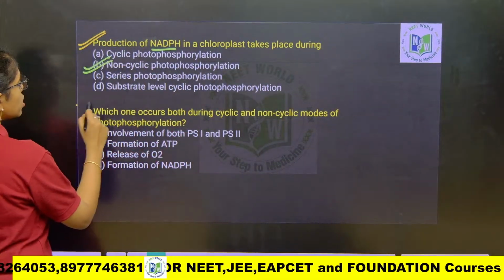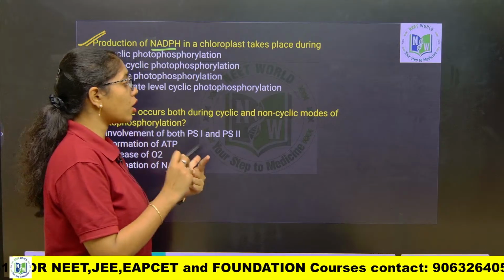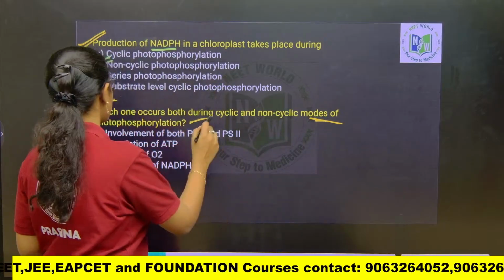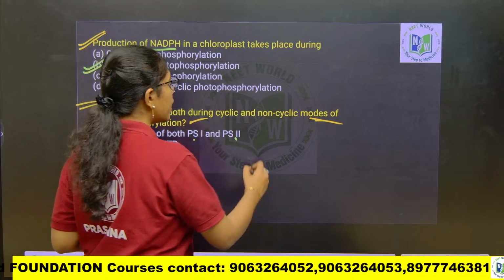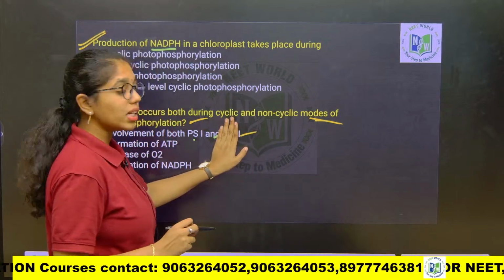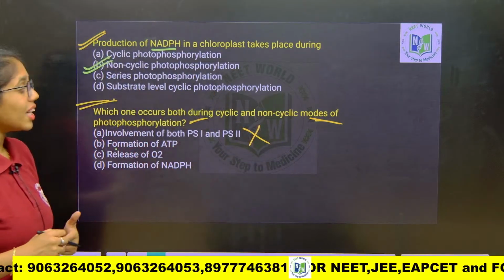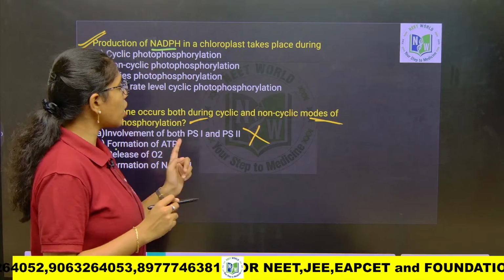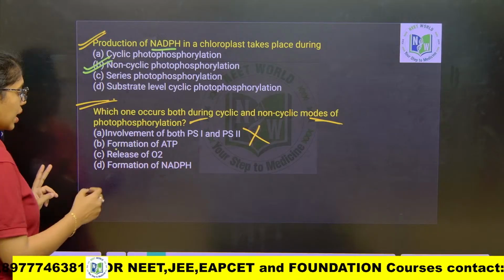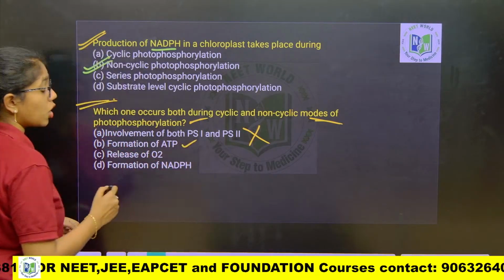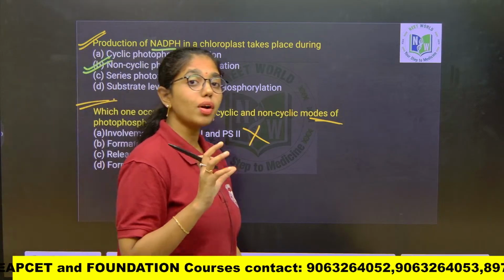Which one occurs both during cyclic and non-cyclic modes of photophosphorylation? Involvement of photosystem 1 and photosystem 2 occurs only in non-cyclic; only photosystem 1 is involved in the cyclic mode, so we cannot opt for this option. Formation of ATP occurs both in cyclic and non-cyclic photophosphorylation. This is true. Release of oxygen occurs only in non-cyclic photophosphorylation, from photosystem 2.